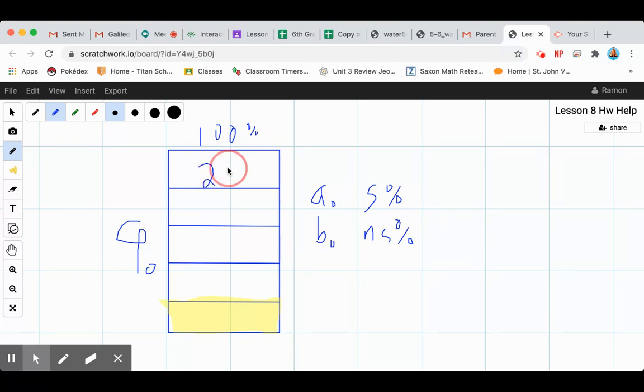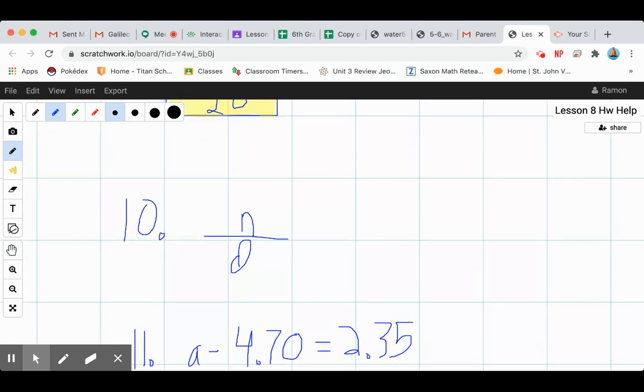So if we do that evenly, that would be 100 divided by 5, which means that every bar represents 20%. So then the number of bars that are shaded would be your percentage of shade, and the ones that are not shaded would be your not shaded percentage.